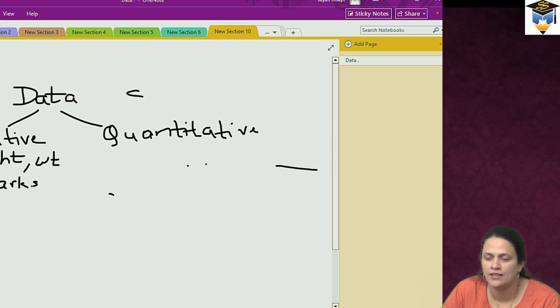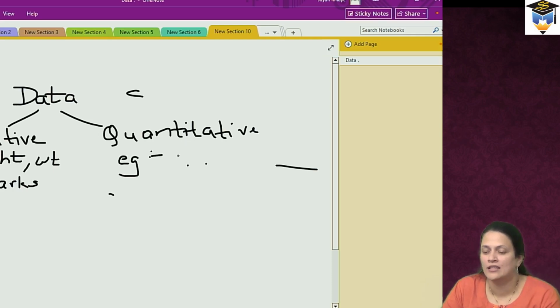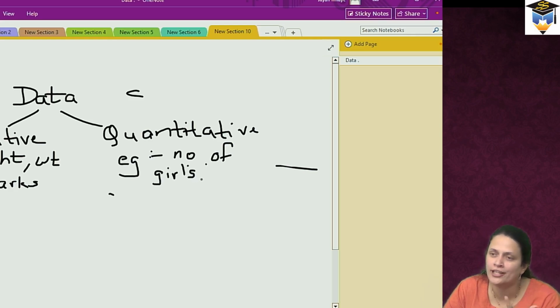And for quantitative data, the example is the number of girls in a class. So quantitative means which will give you the quantity of data. Number of girls, number of boys, total.